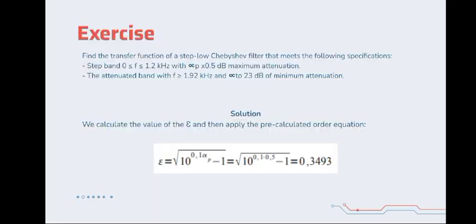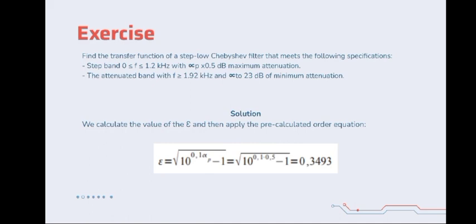We are given this exercise, which asks us to find the transfer function of a low-pass Chebyshev filter that meets the following specifications: 1200 kilohertz passband with a maximum attenuation of 500 millidecibels, and a stopband of 1900 kilohertz and a minimum attenuation of 23 decibels.